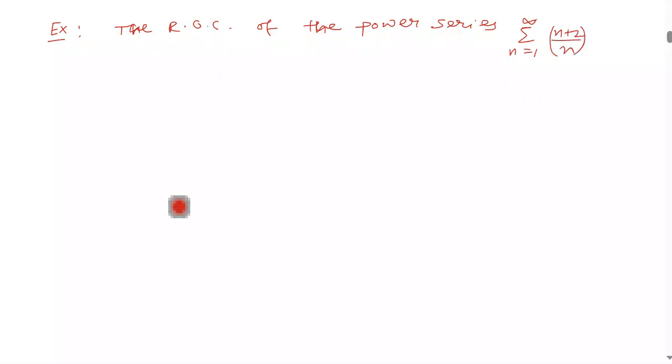Now a problem for you, exercise: the radius of convergence of the power series, sum from n equal to 1 to infinity of n plus 2 by n whole power n square x power n, is a) e square, b) 1 by root e, c) 1 by e, d) 1 by e square.